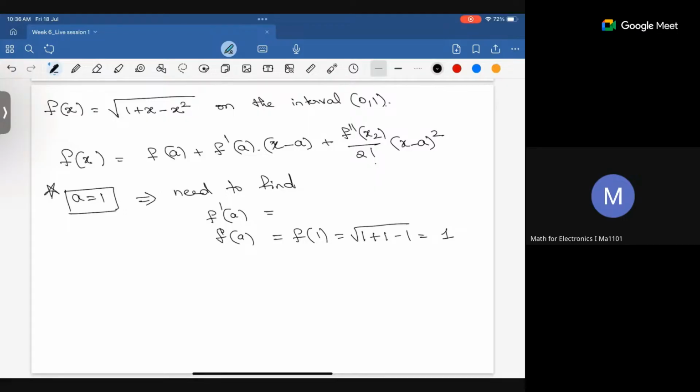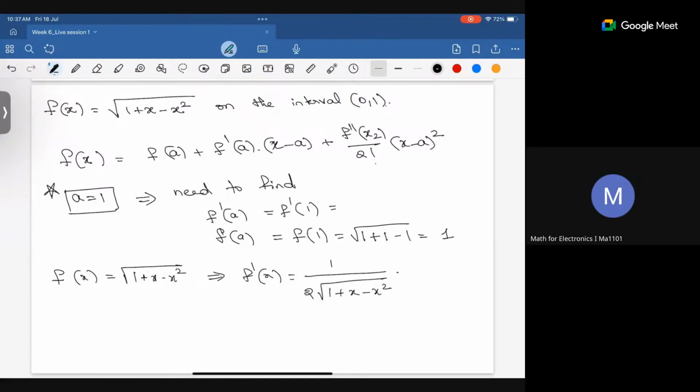For f prime of a, I need f prime of x, right. We have f of x equal to square root of 1 plus x minus x square, which implies if I take the derivative, this will be 1 by 2 root 1 plus x minus x square into 1 minus 2x.